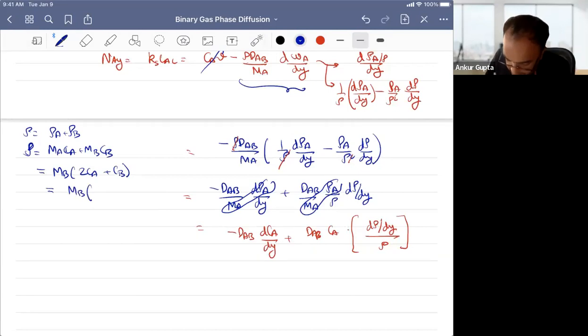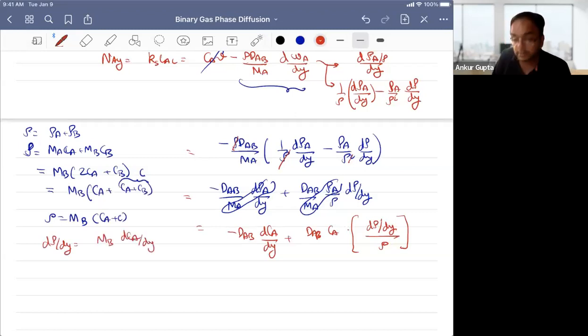So this is constant c. It becomes M_B times c_A plus c. So this is rho. So simply d rho by dy is M_B dc_A by dy, and c is constant, so dc by dy is 0, and so d rho by rho is equal to dc_A by dy, M_B by M_B c_A plus c.